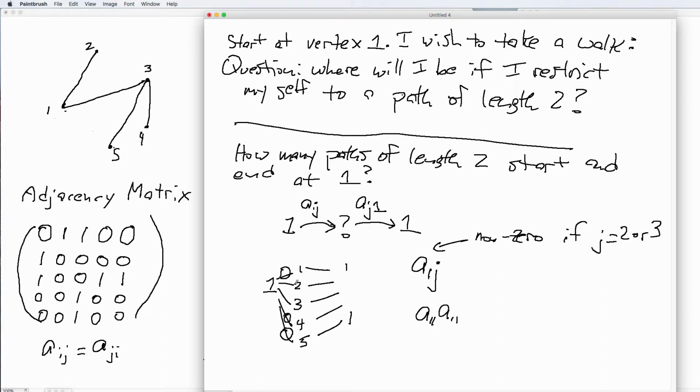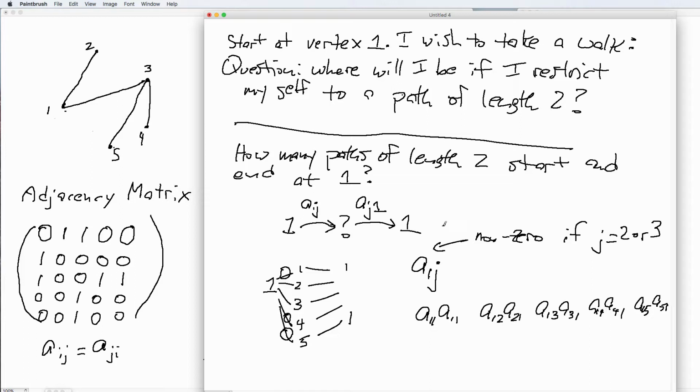This one is going from 1 to 2 and then 2 to 1. 1 to 3 and 3 to 1. 1 to 4, 4 to 1. A_{14}, A_{41}. And then A_{15}, A_{51}.